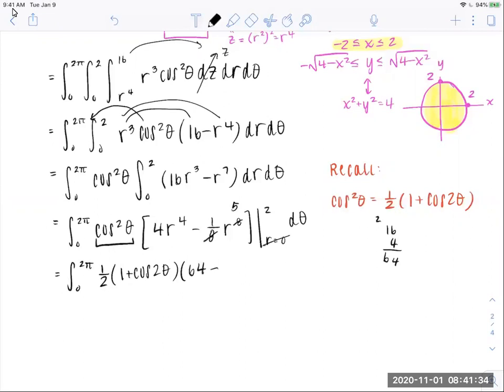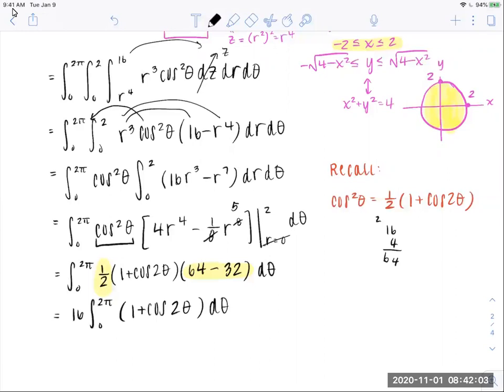So 2, 4, 8, 16, 32. Okay, so what I have here is 64 minus 32 is 32, but then the 1/2 out in front, half of 32 is 16. So I'm going to write this as 16 integral from 0 to 2 pi of 1 plus cosine 2 theta d theta.